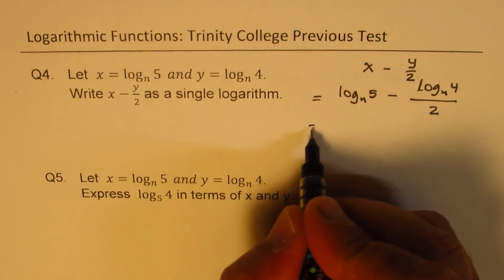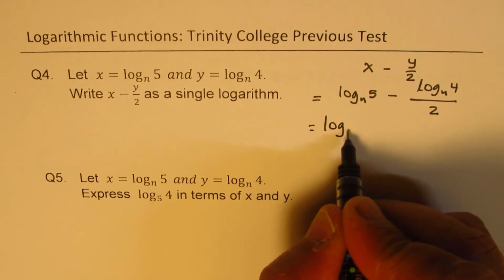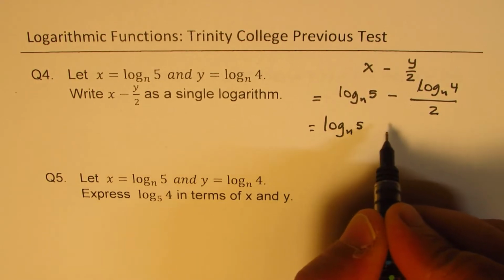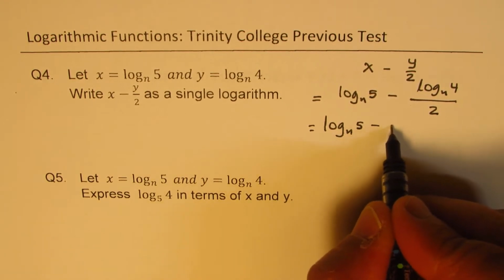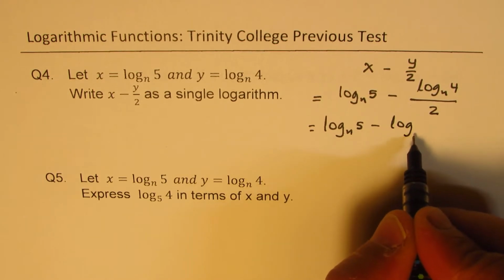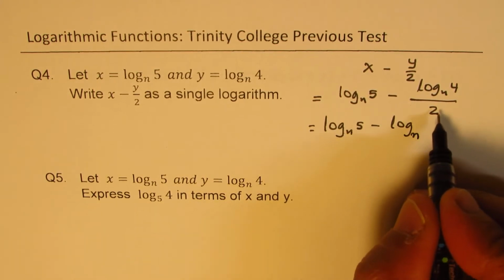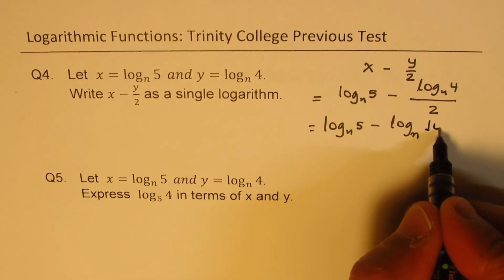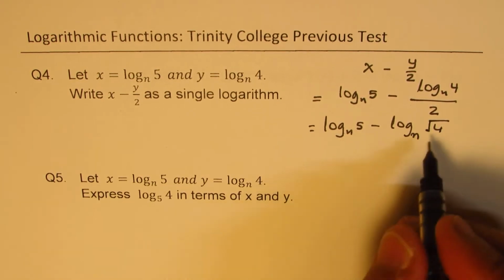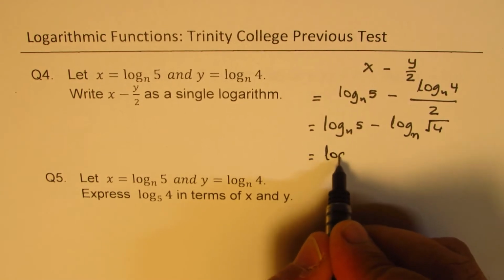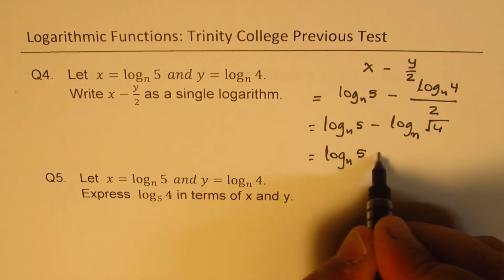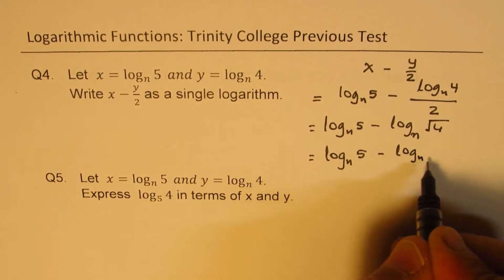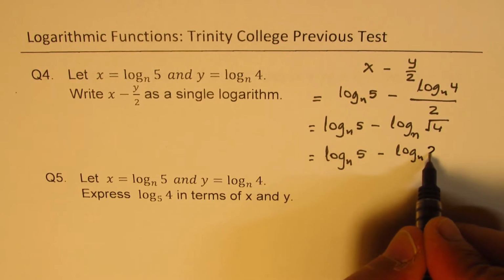So that basically means log to the base n of 5 minus log to the base n of 4 to the power half, right? That means square root of 4, which is 2. So we'll write this as log to the base n of 5 minus log to the base n of 2.